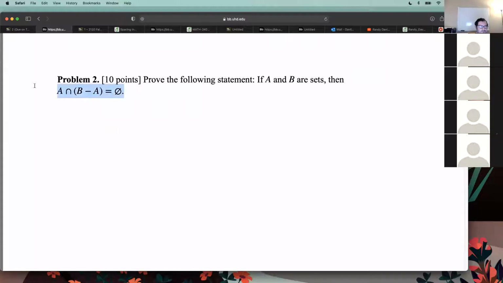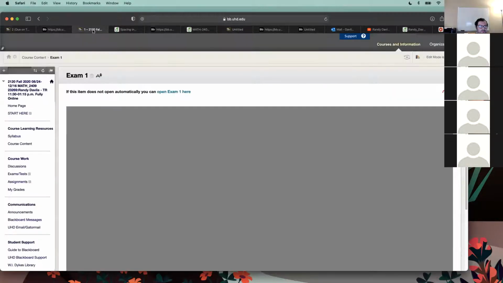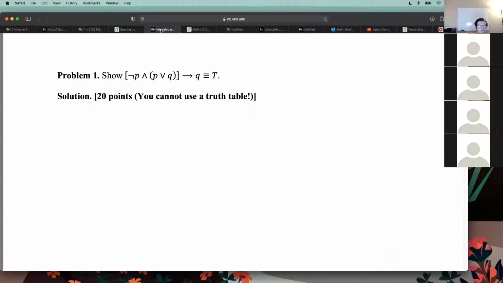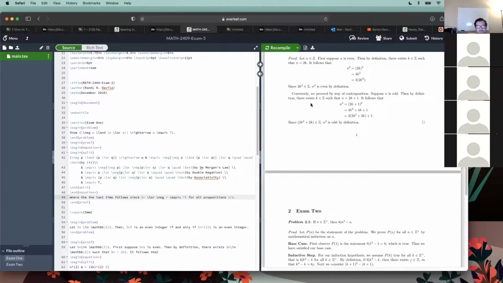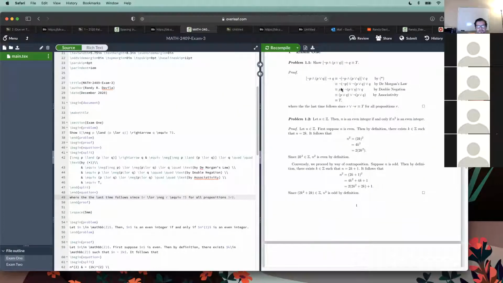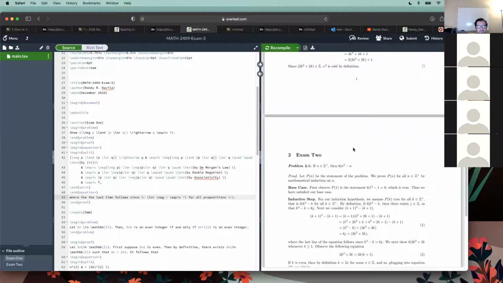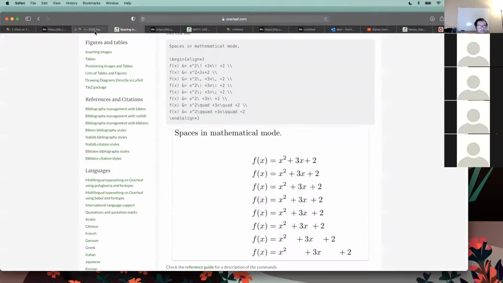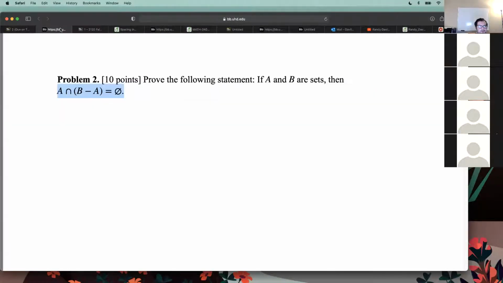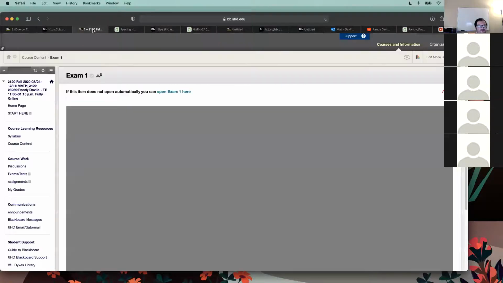You can string together sets just like you can here. Just like we had logical equivalencies or equation equivalencies, you can have set equivalencies. But maybe we'll go ahead and look at this, right? So A intersect B minus A is going to be said.